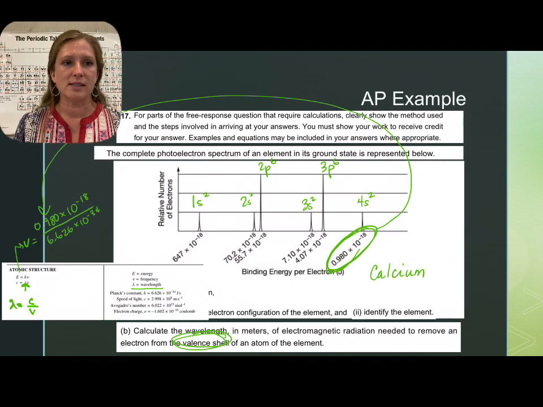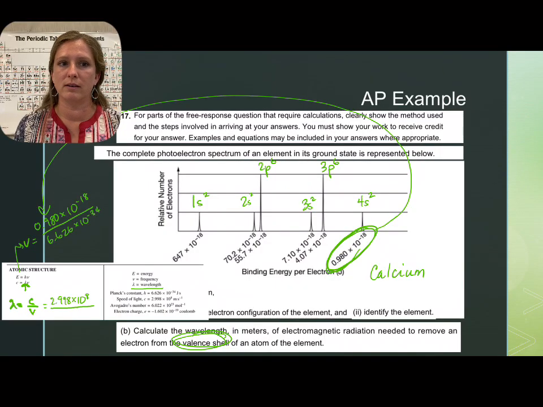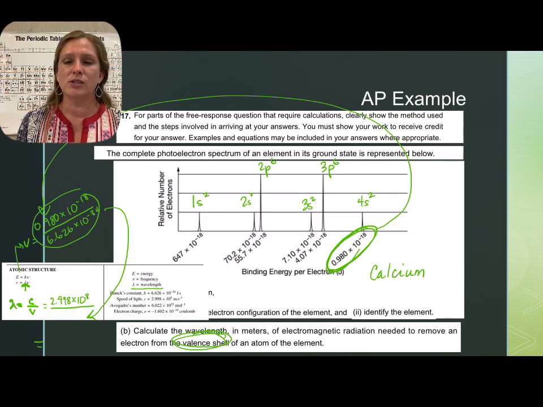So we plug in the constant for c, we plug in the value that we got for nu, and we solve for the wavelength. And so this is a pretty simple calculator problem using the equations that are already provided for you.